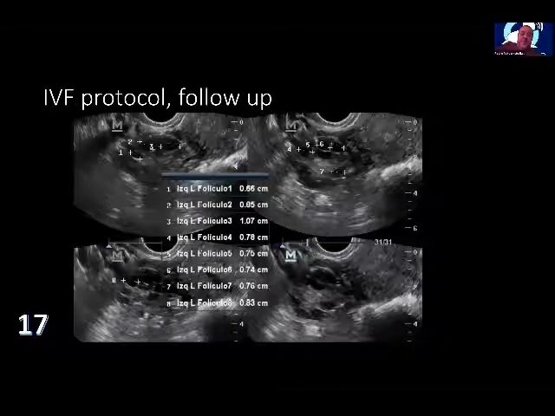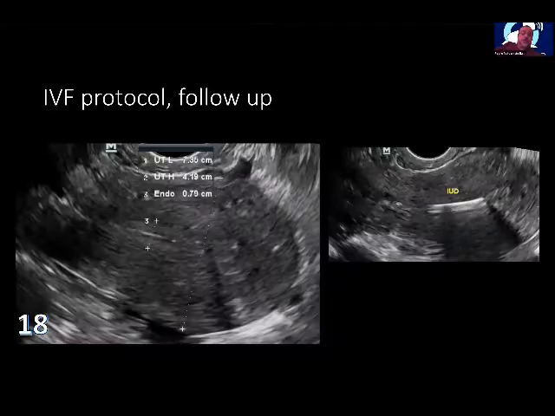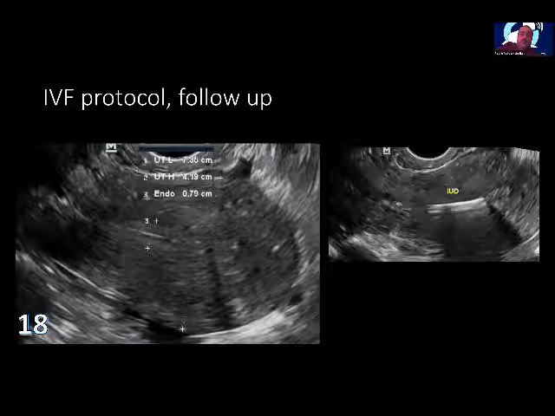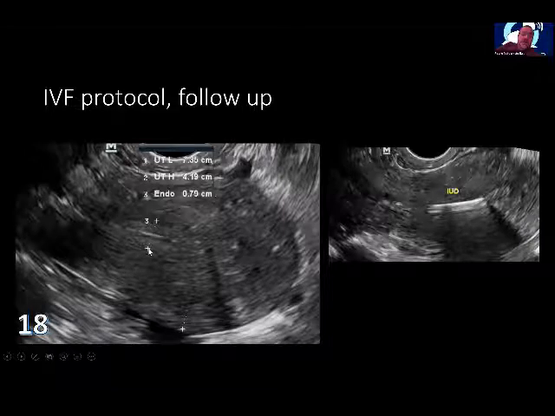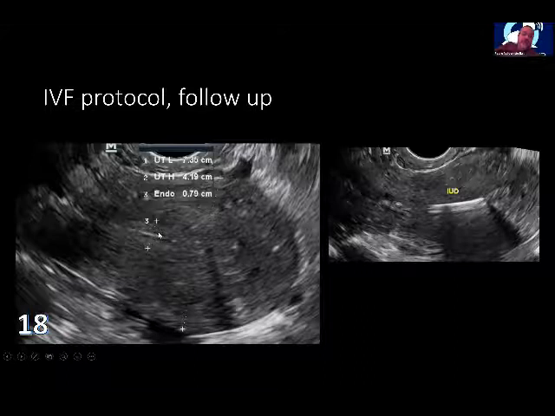Endometrial thickness is a useful measurement for IVF experts. We should measure the endometrium from the outer line of both sides of the endometrium.